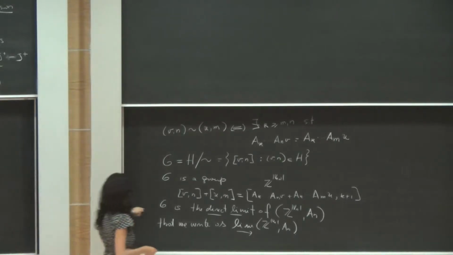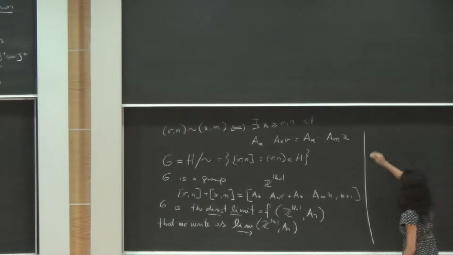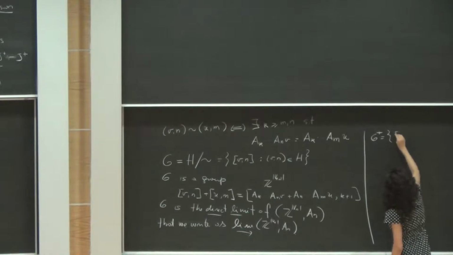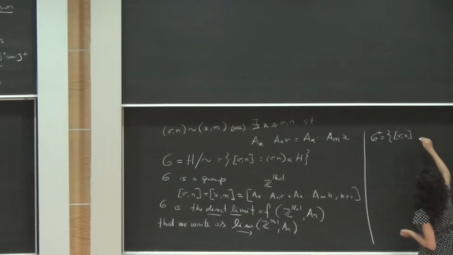Here, the positive cone G+ will be just the equivalence classes of the positive elements, or the non-negative elements, if you prefer.